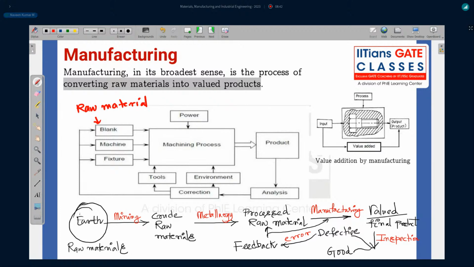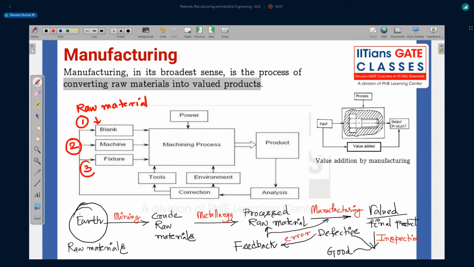And this is number one. Number two, you need to have a machine, of course. Number three, if you have a work material, you have to fix it somewhere to do some operations on that. It can't float in the air. It should be placed somewhere in certain positions with some clamping. That's what is called a fixture.